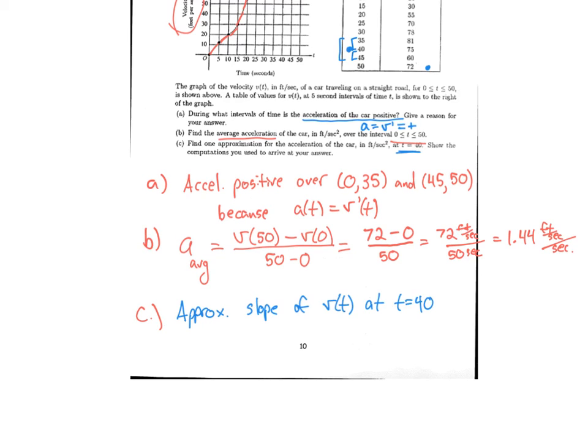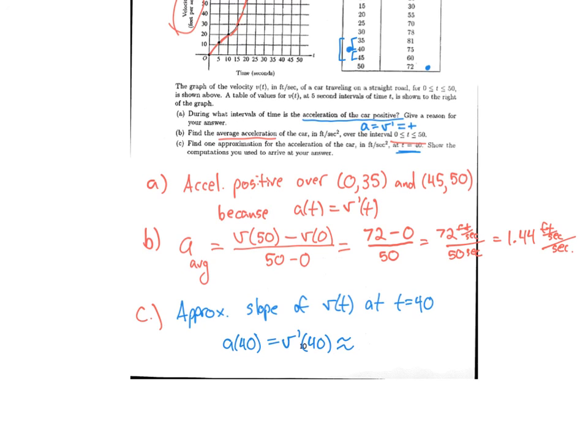So let's just find the approximate acceleration, which is the approximate slope of velocity at 40, which would be approximately equal to, and what I'm going to do is take a look at the slope between 35 and 40.